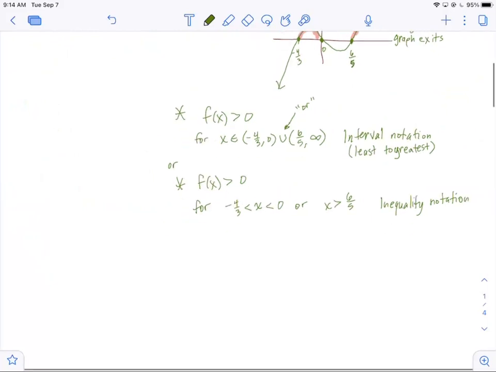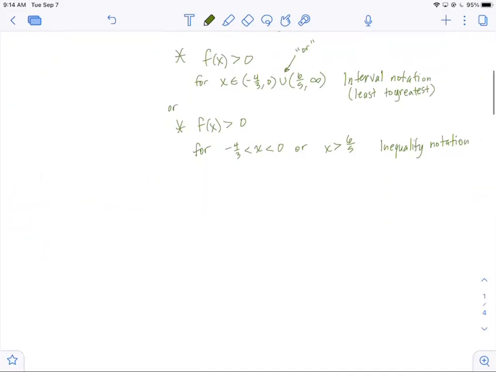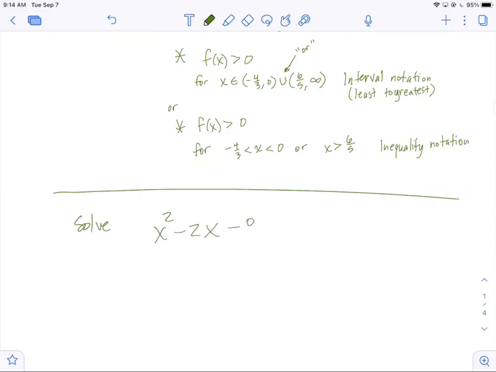All right, now let me give you another inequality to solve on your own now that you have the idea. I want you to solve this one right here. I'll give you an easy one here. X squared minus 2X minus 8.